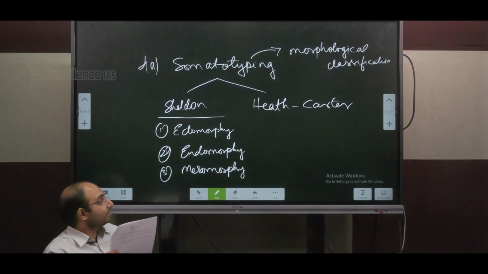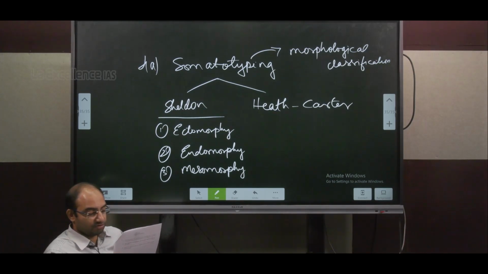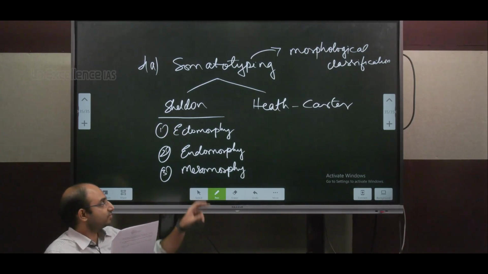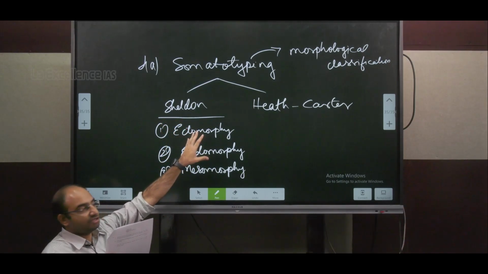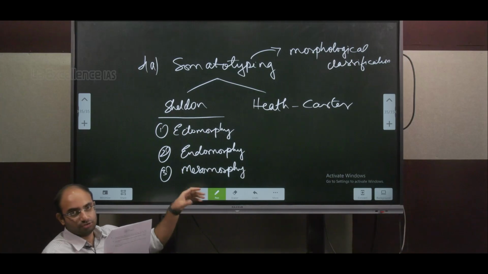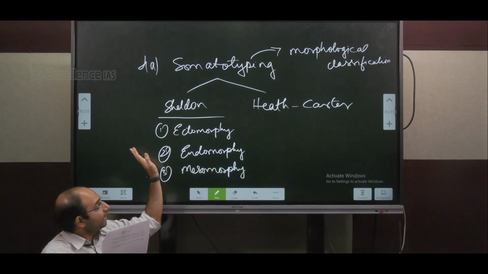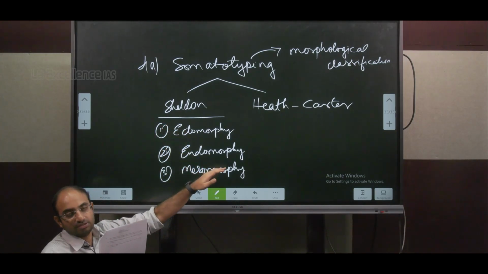Endomorphy is to have a generally fatty appearance. Ectomorphy is to have a general lean body or thin appearance. Mesomorphy is to have a very lean or muscular appearance, and you have features for each of these. In Sheldon's method, we give a person a three-dimensional rating based on each of these indicators. So talk about that, and then discuss the limitations of Sheldon's method.